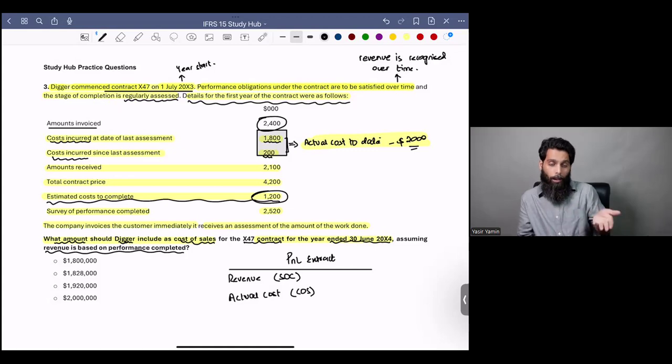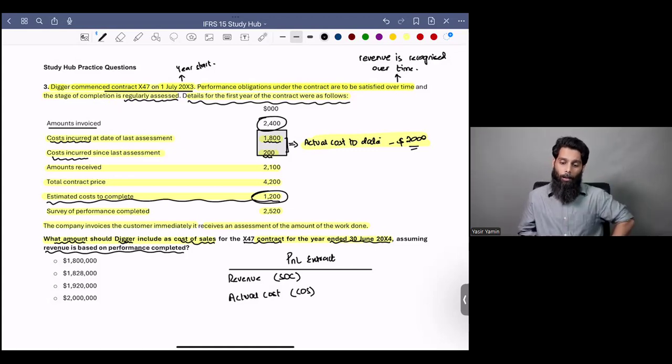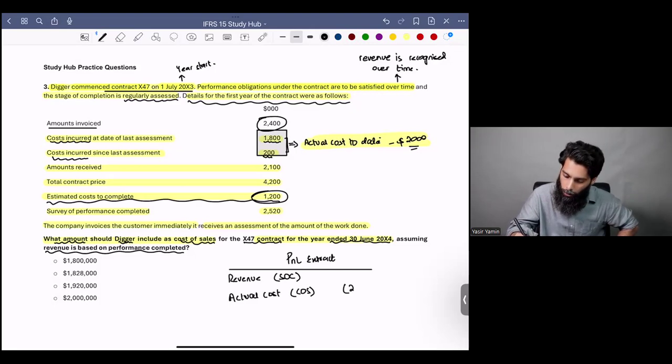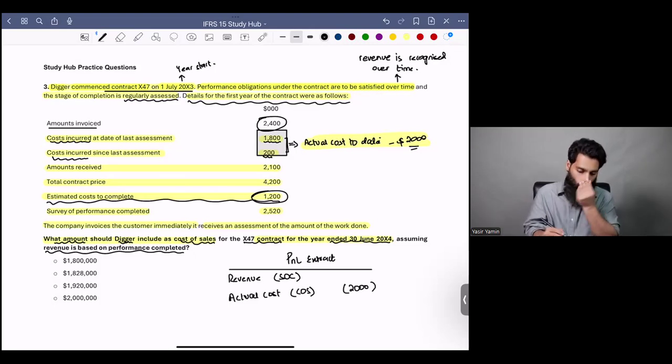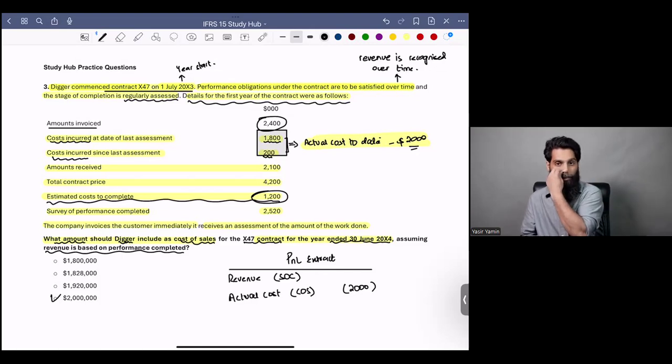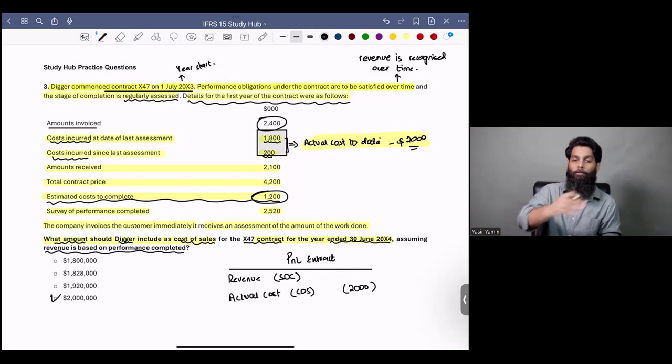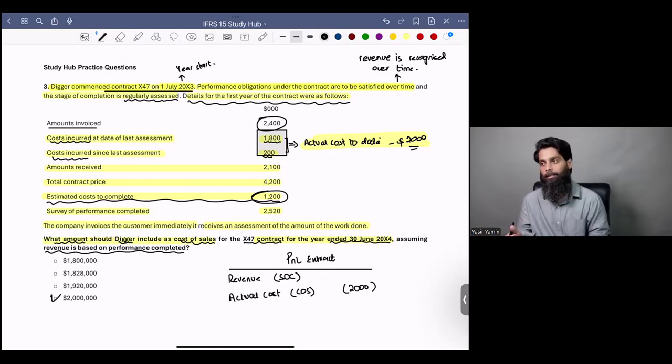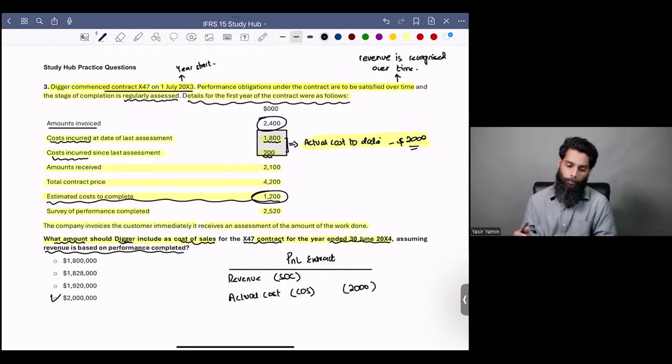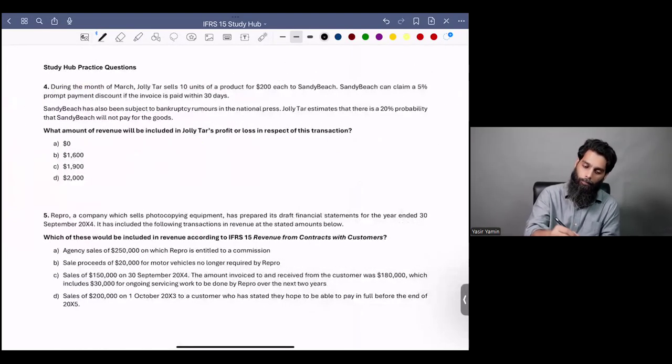It has so many lines in it. It has so much length, but it is simple. We studied for the purpose of FR. The actual cost incurred up till now, $2,000, is simply charged as cost of sales. Your answer should be D. You do not need to perform the whole four-step approach here. It's a relatively straightforward question. Make sense? All right. Let's move forward.